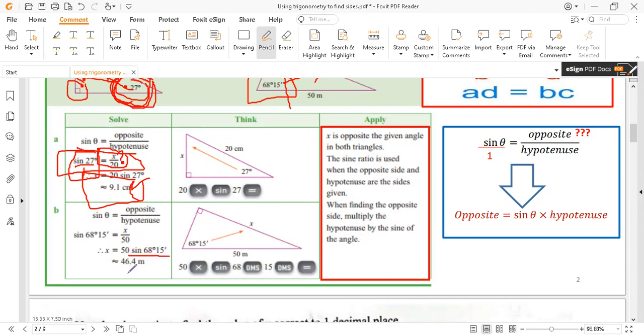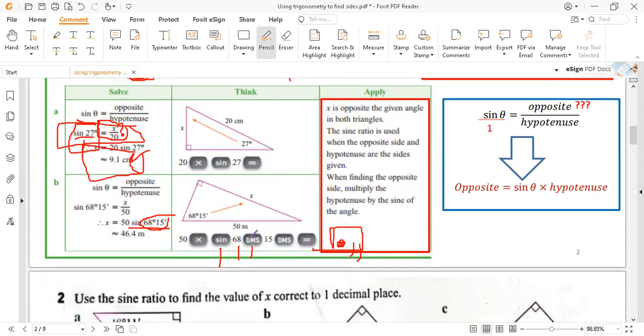We use the calculator, and don't forget how to enter this angle into the calculator. We click the sine button, then 68. After 68, to distinguish between 68 and 15, we press the DMS button, or in other types of calculator, a button like a point and comma. Then we press equal.